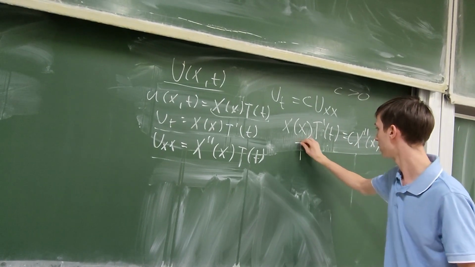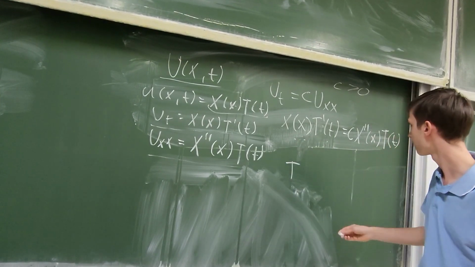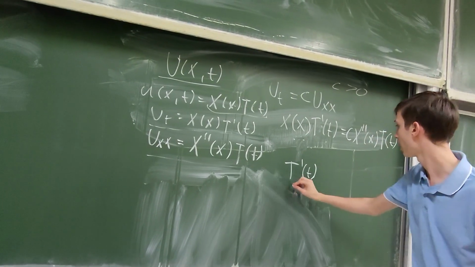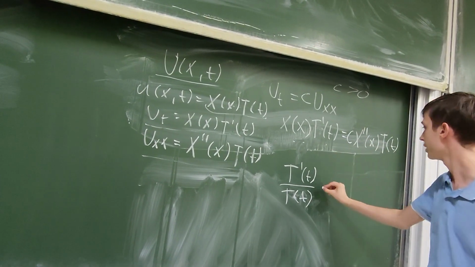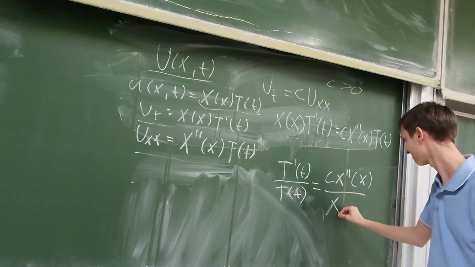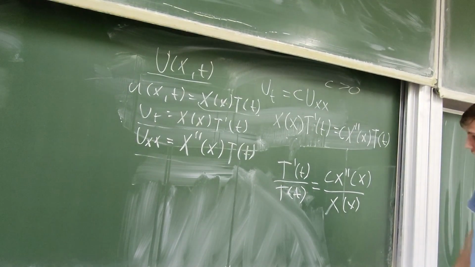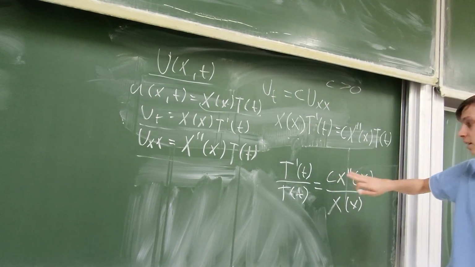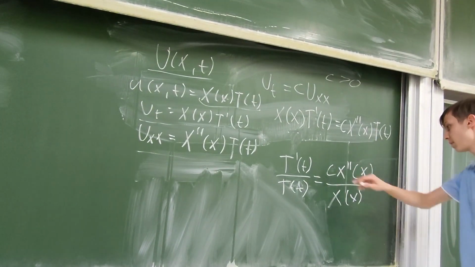That will give me T prime of t over T of t equals c X double prime of x over X of x. Of course, there's this constant c. It doesn't matter if one takes it down here or leaves it here. I'll just choose randomly to keep it here.